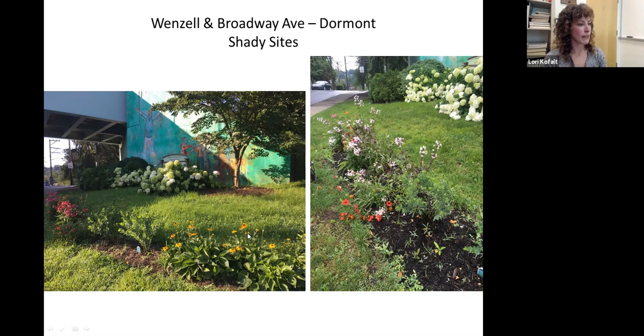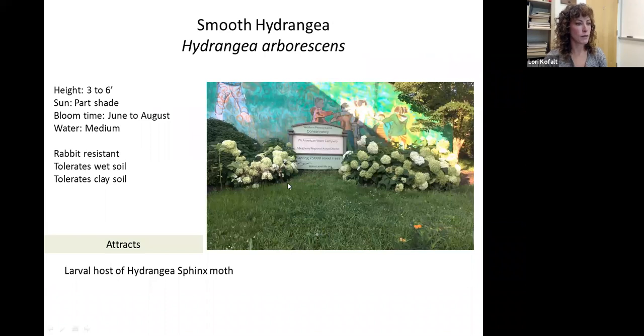So more shade back in this area, more sun in this area. And I just wanted to highlight the hydrangea that's used there. It's smooth hydrangea, Hydrangea arborescens, which is a native. I believe this is a cultivar of a native planted here, but it's the larval host of the hydrangea sphinx moth.